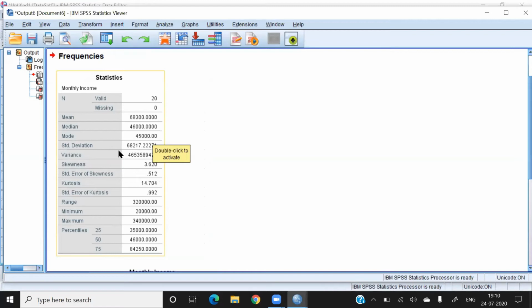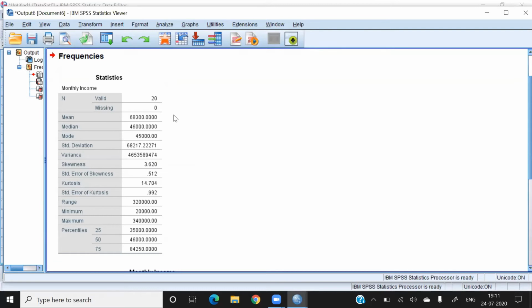Variance is the square of the standard deviation. Skewness is very high, 3.6, and kurtosis is also very high, 14.704. And we have the different values here: minimum value, maximum value, range. So whatever command we gave, we are getting the answers here, right?